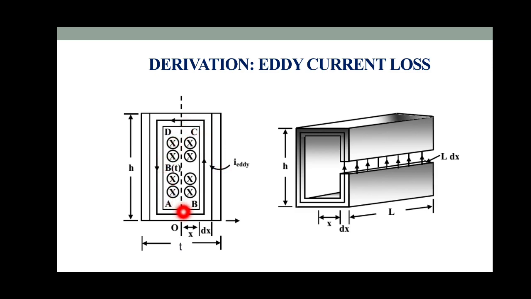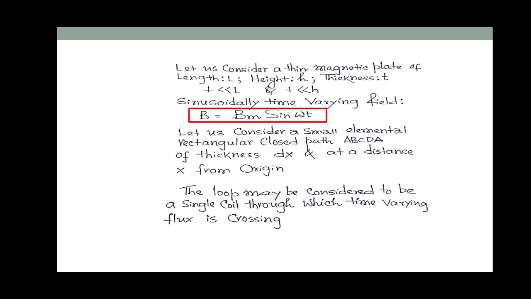It is at a distance of x from the mid portion, and its thickness is dx. Now this loop may be considered to be a single coil through which time varying flux is crossing.